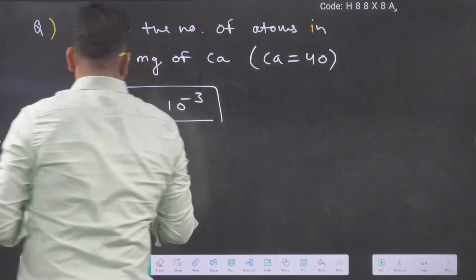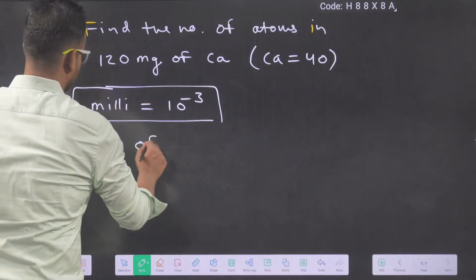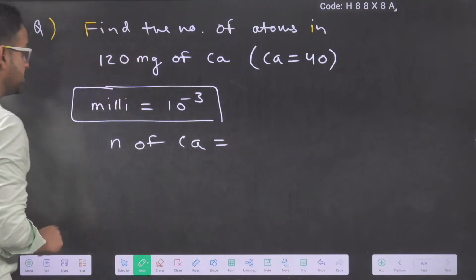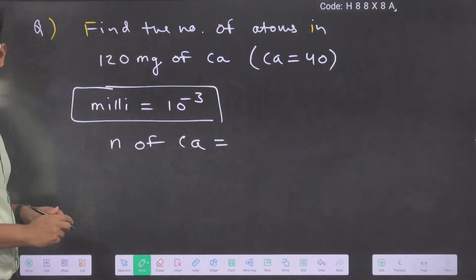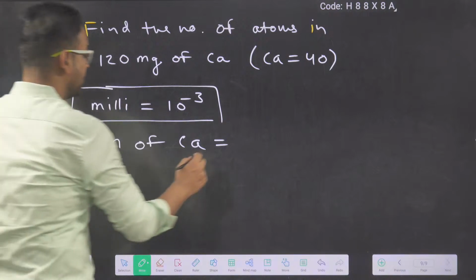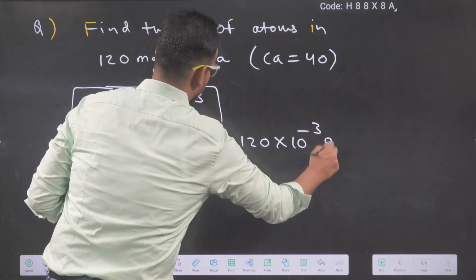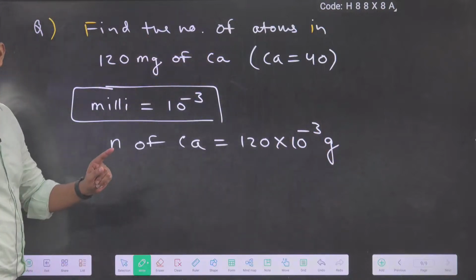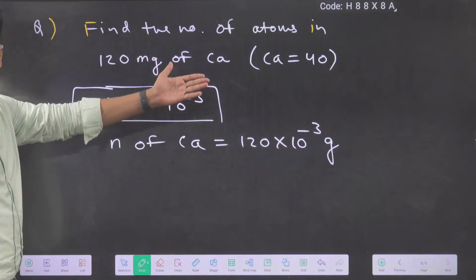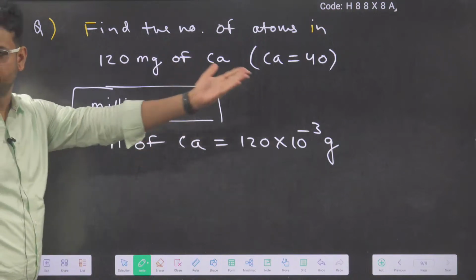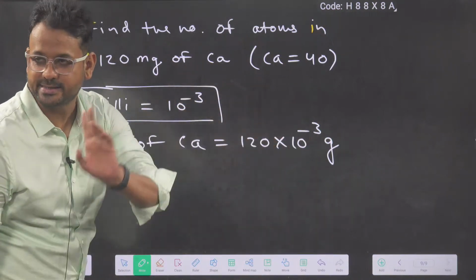Once again, boys and girls, we will calculate the moles of calcium. Moles of calcium will be equal to given mass by molar mass. Given mass is 120 into 10 to the power minus 3 gram. Please note that given mass and molar mass should be in the same units.